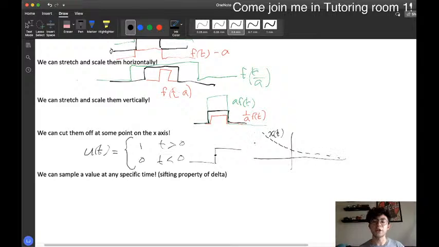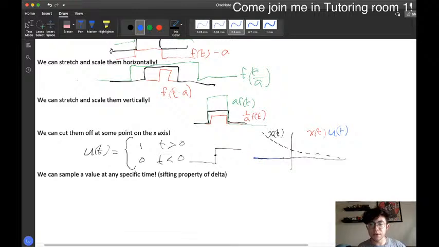Then to cut it off at time 0, I'm going to multiply this by a unit step function. Let me use different colors there. So x of t times u of t.